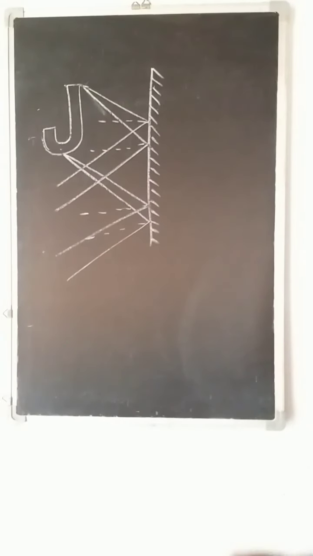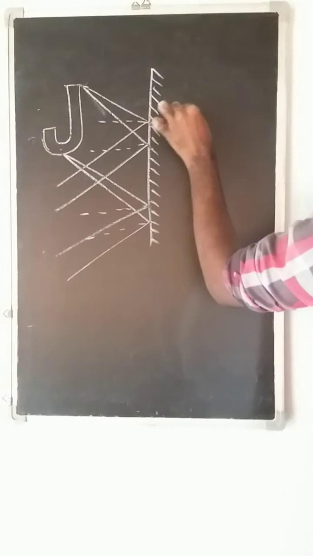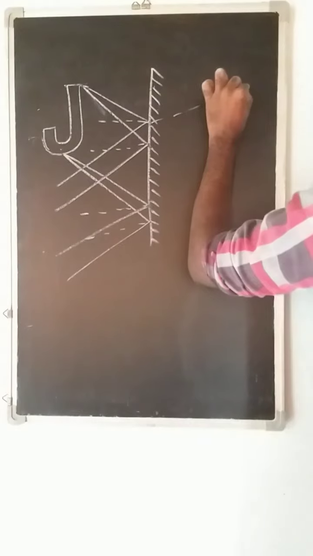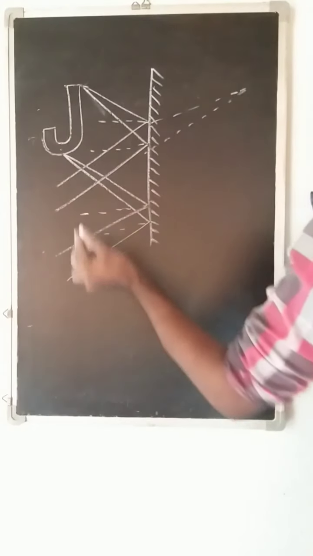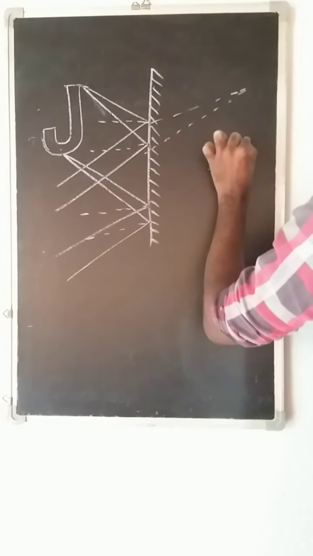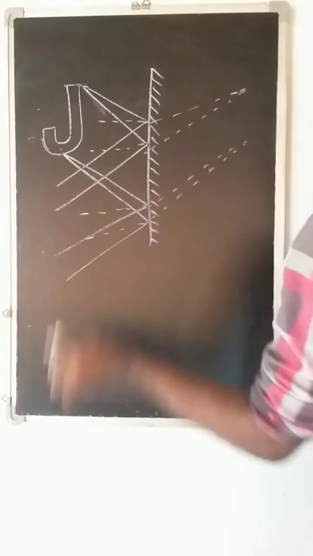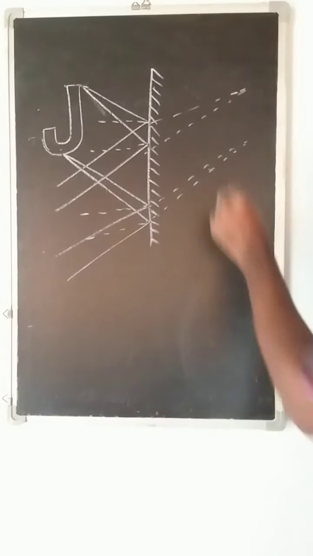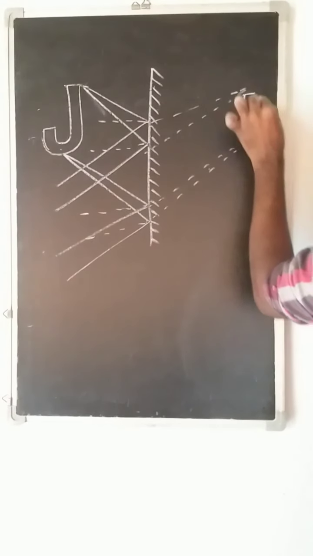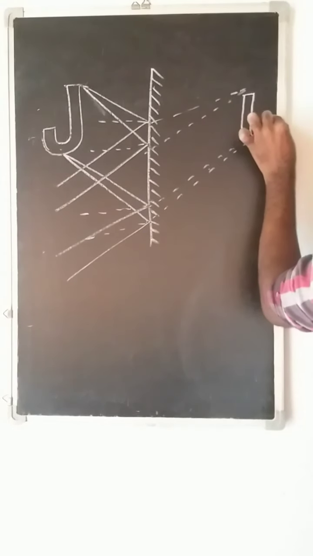Now if we draw imaginary lines from the normal, what will happen? Imaginary lines will be formed in this position, as well as in this position, but the image of the J is reversed.